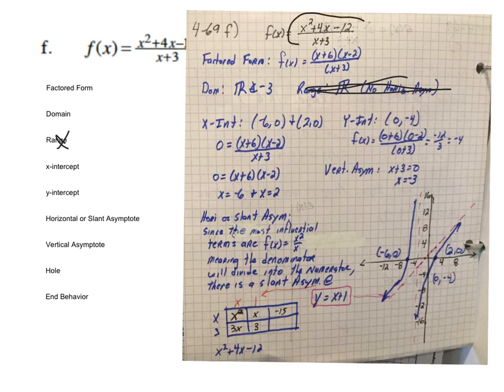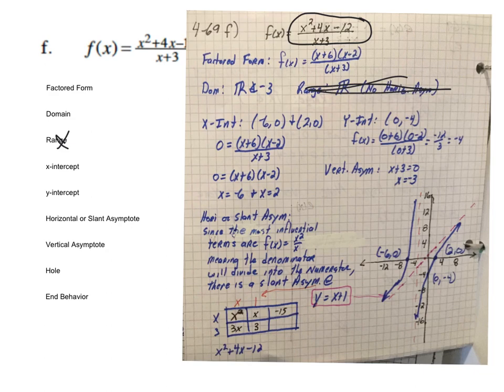As you look at these rational expressions and you're trying to determine what the horizontal or slant asymptote is, if the degree of the numerator is larger than the degree of the denominator, then you're going to end up with a slant asymptote, because the denominator is going to go into that numerator x number of times.